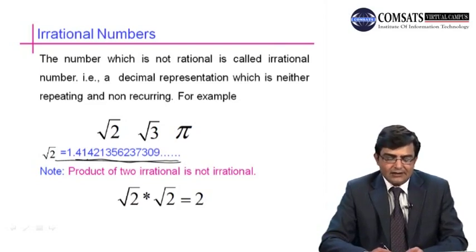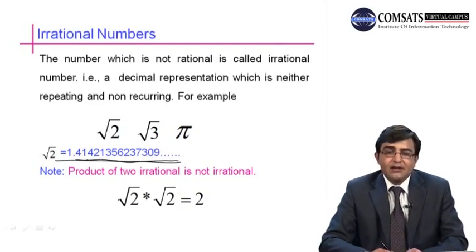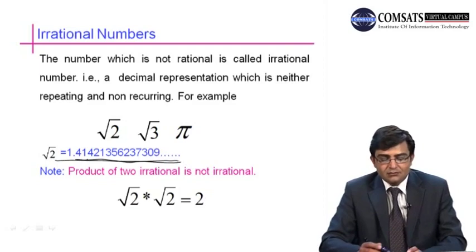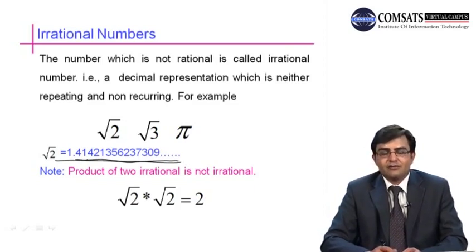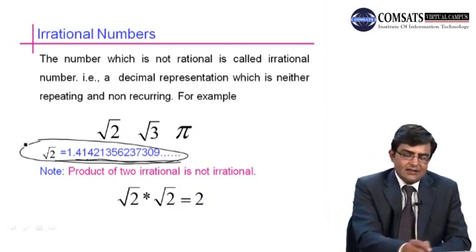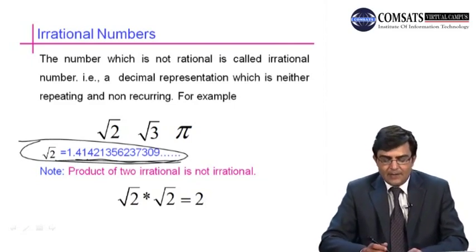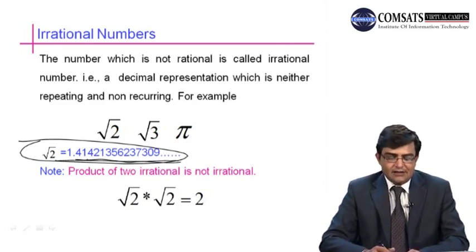We have proved earlier that a number in which some set of digits after the decimal repeats can be converted into a quotient form p over q, which will then be a rational number. Such numbers, such as square root of 2, which is basically 1.4142 and so on, are irrational numbers.